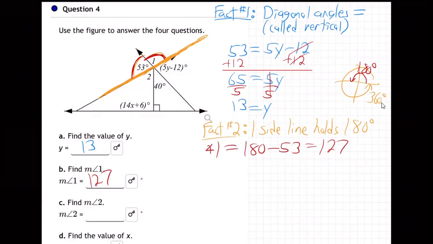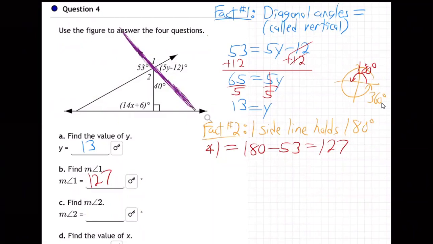Now, angle 2, time to get angle 2. Do you see how we can do the same thing for angle 2 if we focus on a different line? If we focus on this one right here and let that one jump off the page for us.